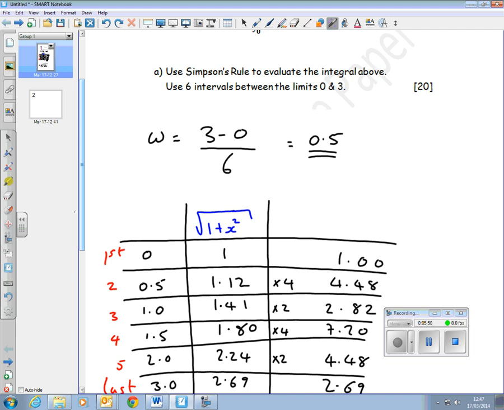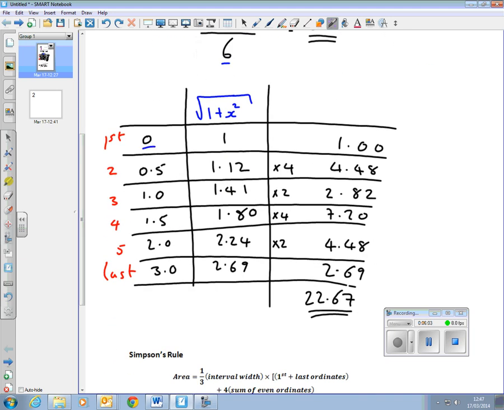Having done that, we work out what the width of each interval is by subtracting the bottom limit from the top limit. In that case it's just 3. Divide that by the number of intervals. In this case it's 6, gives us a half. Set out your table.